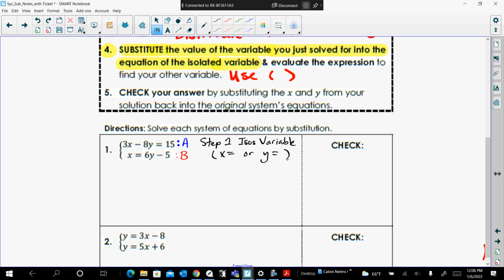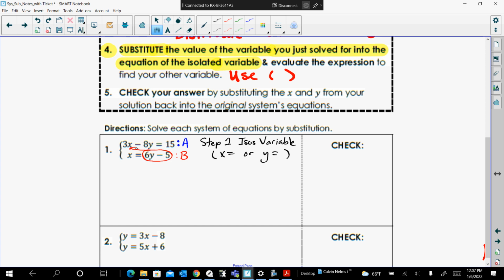We're starting with B. What the variable equals, you're going to circle. There it is. Circle that: 6y minus 5. What we circle is what gets put into the parentheses. We are plugging it in. I'm going to draw an arrow pointing to the x. I'm plugging what I'm circling up into A for x.